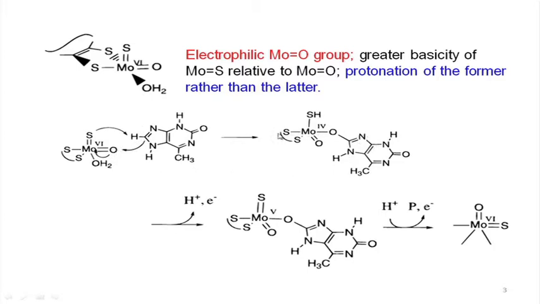So what in essence we are getting, instead of getting this function also as OH, because this proton is moving from here to here, you are getting the SH function at the top, but this organic substrate, that methyl xanthine, is getting bonded to the molybdenum center as if oxygen is getting inserted between this carbon and hydrogen.